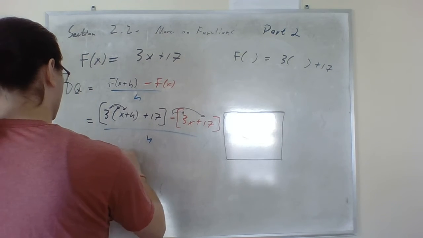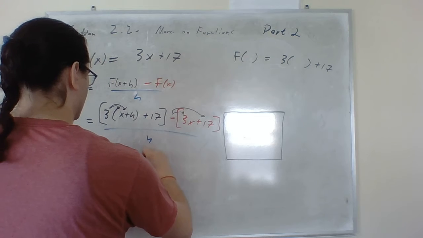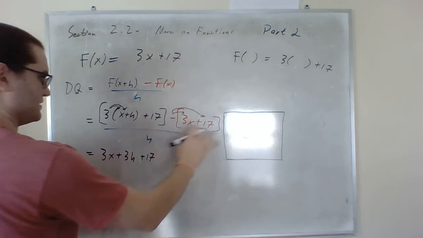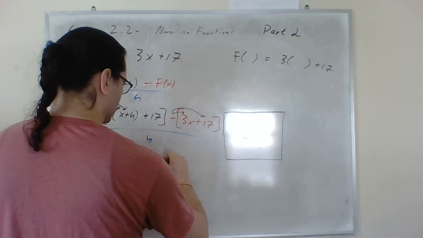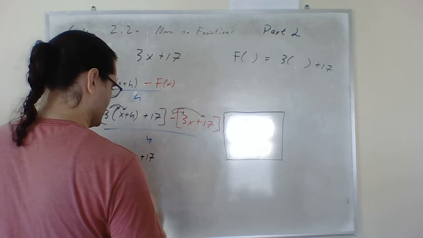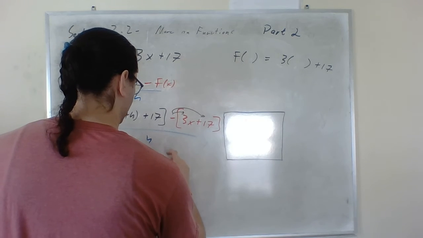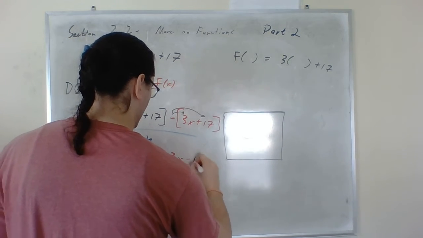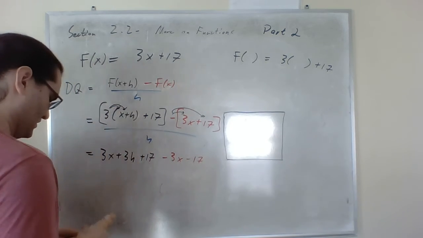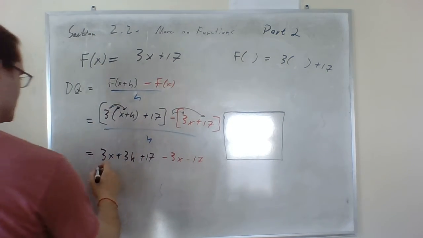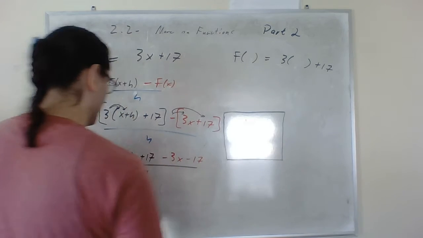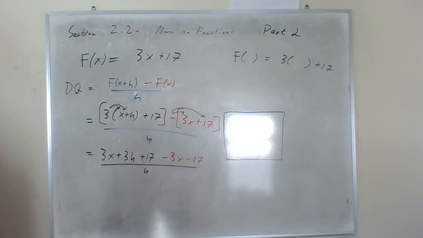So we'll have 3x plus 3h plus 17. This piece on the back end, I'm going to keep writing this in red, should give us a minus 3x minus 17. The bottom, I'll go back to black for the bottom. It's all still over h.